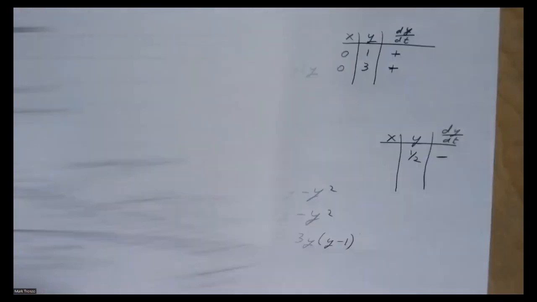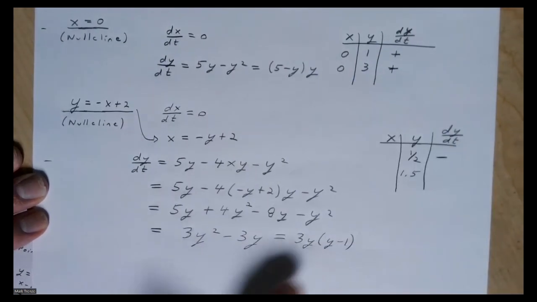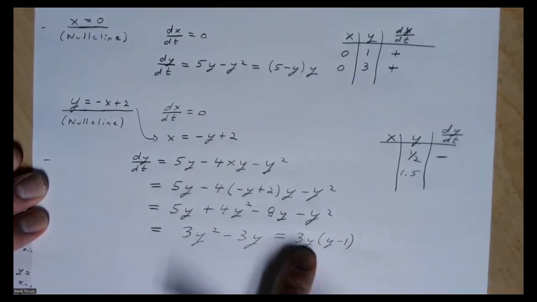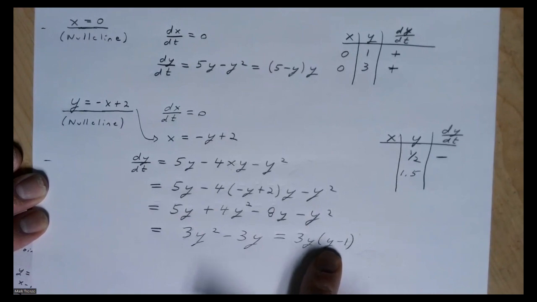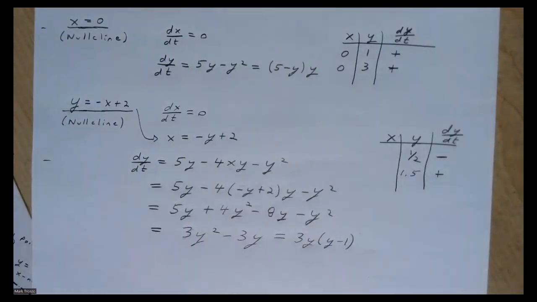Let me do y equal 1.5. And so, again, this is going to be positive, and this time we're going to have 1.5 minus 1. So that's going to be positive. Those are both going to be positive, so that's going to be positive like this.